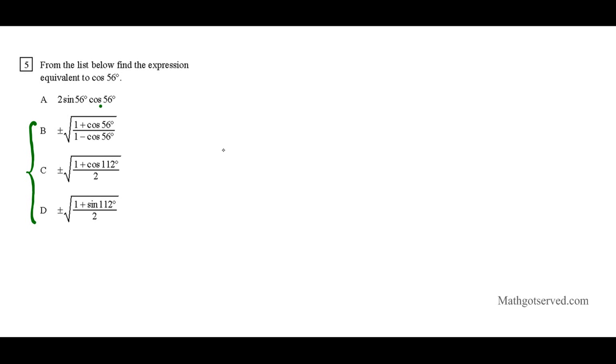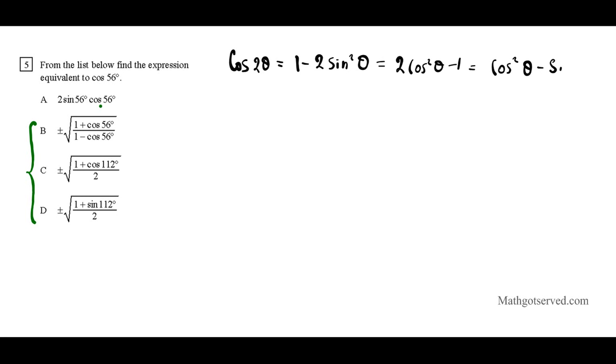Remember, for cosine, if you look at your formula sheet, cosine 2 theta is equal to 1 minus 2 sine squared theta, which is also equal to 2 cosine squared theta minus 1, which is also equal to cosine squared theta minus sine squared theta. Okay? So you can see that this is not of this form. This is of the sine form. And if this were sine, this would even be a wrong option. So we can eliminate option A because it's not in any of these forms.